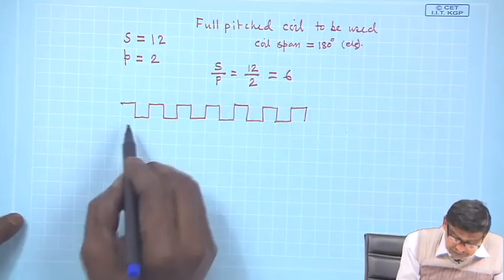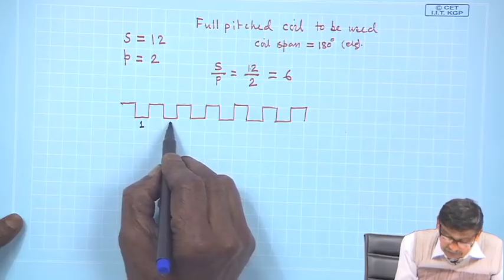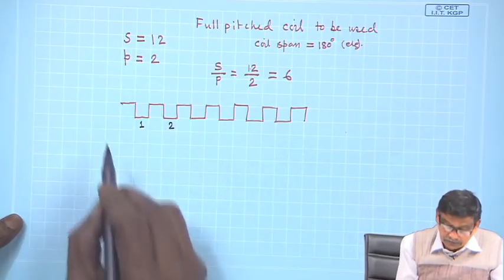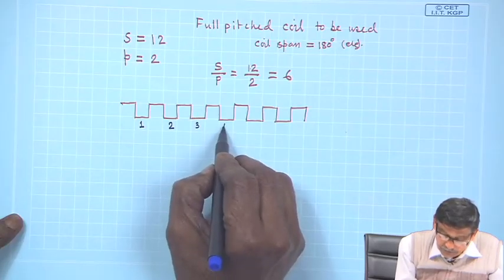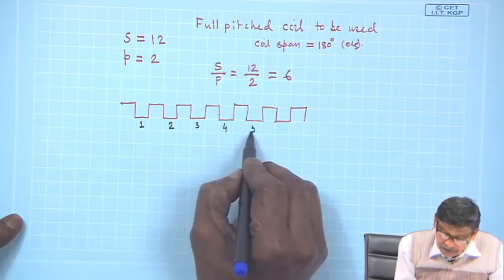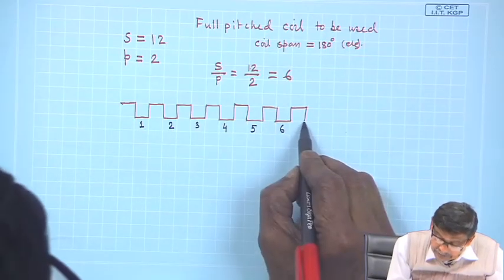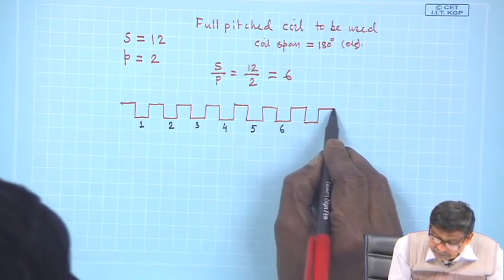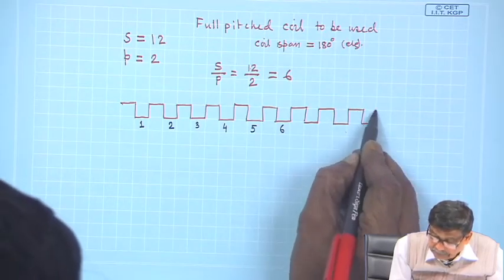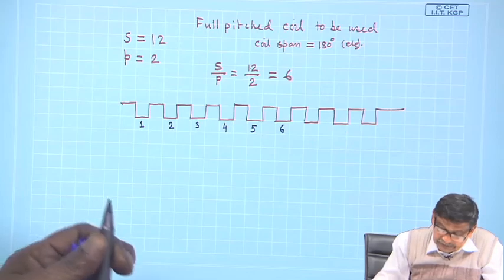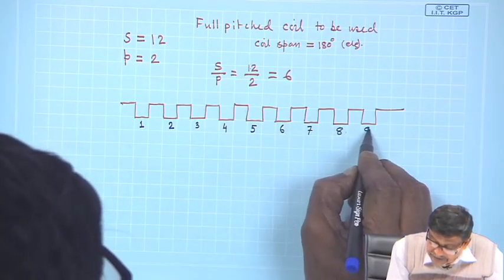So, suppose this slot is 1, slot numbering will progress like this: 1, 2, 3, where I will place the conductors, 4, 5, 6, and then let me draw, so that this is 7, 8, 9.